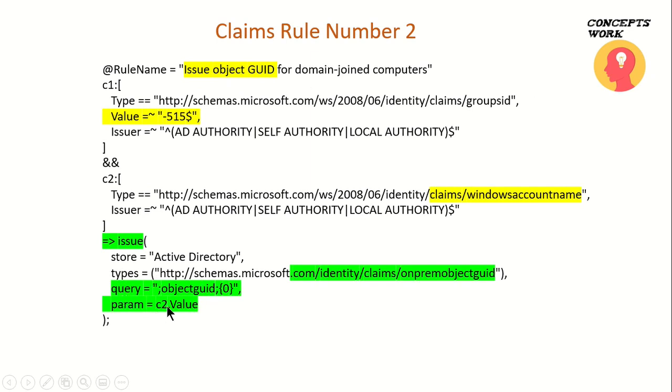As you can see from AD itself, it is querying the value of object GUID. But before sending this value, the process also verifies whether the device object is a member of domain joined computers or not. This is the purpose of the second claim rule.